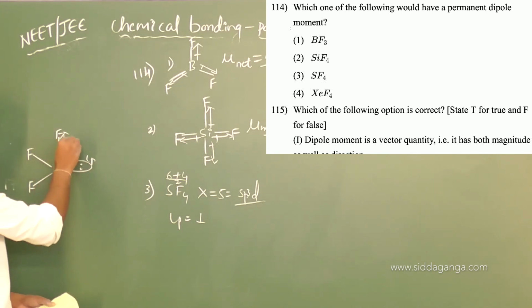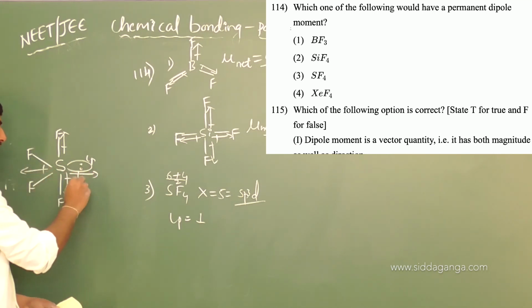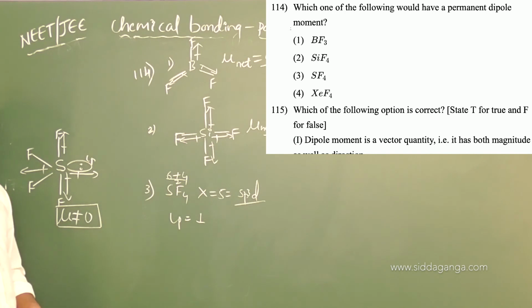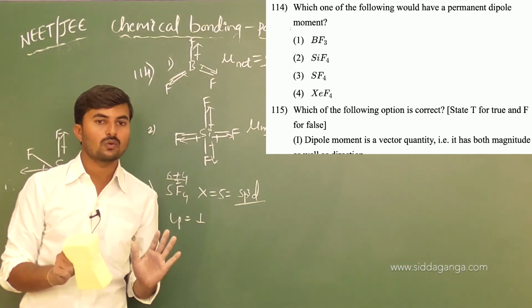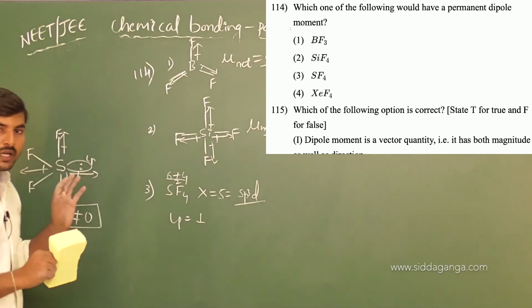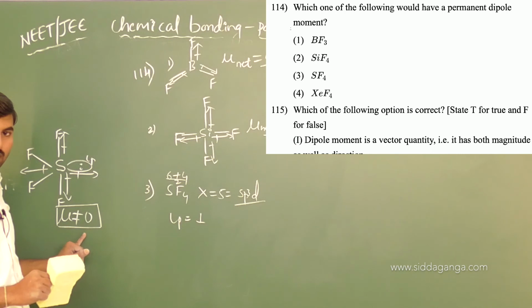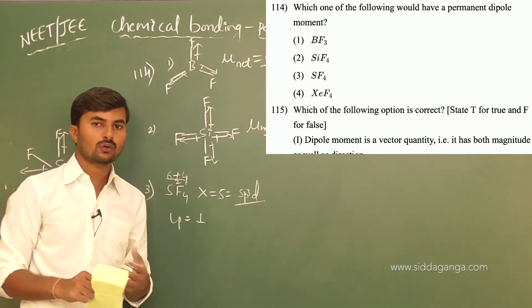Here this dipole is cancelled with this dipole, no doubt, but these two bond dipoles do not cancel with these two. That is why mu of this molecule is not equal to 0. Net dipole moment for SF4 molecule is not equal to 0. So this is a permanent dipole, mu is not equal to 0.